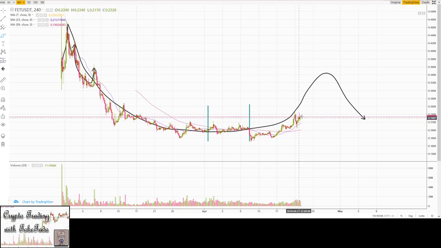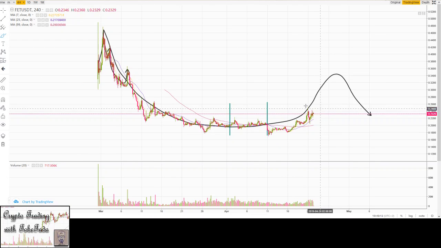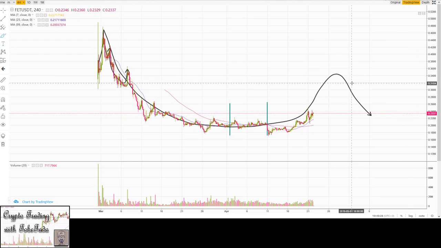We'll have to see, but I think this was interesting to point out that we're basically having this increase here, and I suspect that this will continue, depending on perhaps indications of these smaller individual fractals. I'm suggesting a price range in the 0.3s, so somewhere around here.